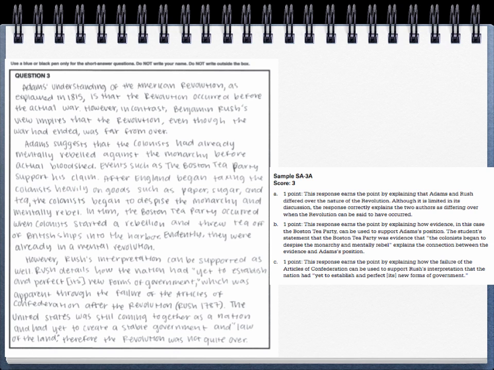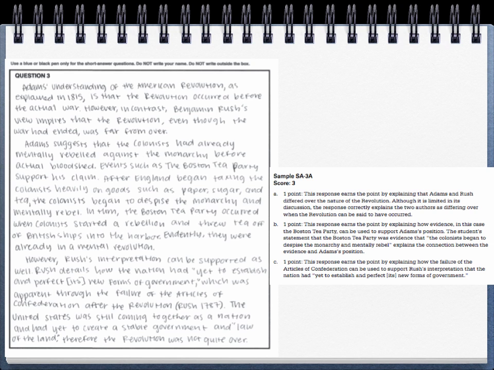Now let's look at some samples, some actual student writings. The first sample is a score of a 3, and I wanted to put the scoring rubric next to the actual writing so that you could look at them together instead of having to go back and forth. This student achieved all 3 points, and you can see the explanation for the reader.